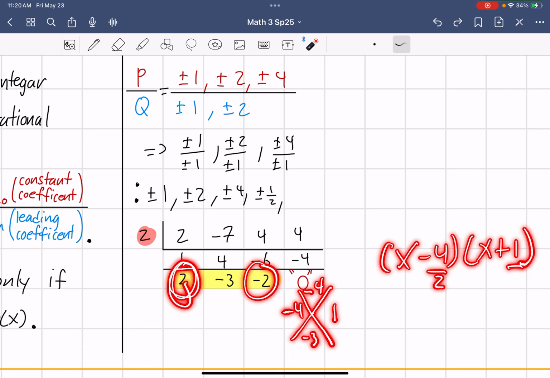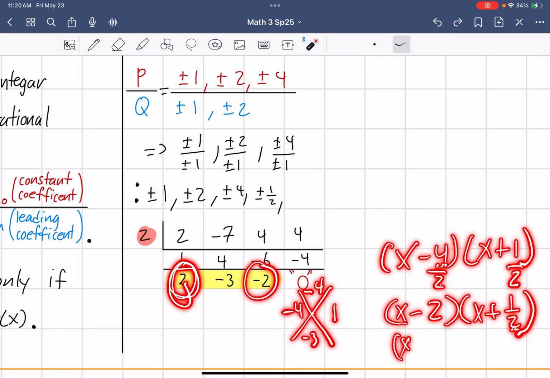I divide that to each, and that leaves me with x minus 2 times x plus 1/2. So I would be able to factor this. Oh, sorry. You can do that, but it probably is nicer if you just write x minus 2 and 2x plus 1.